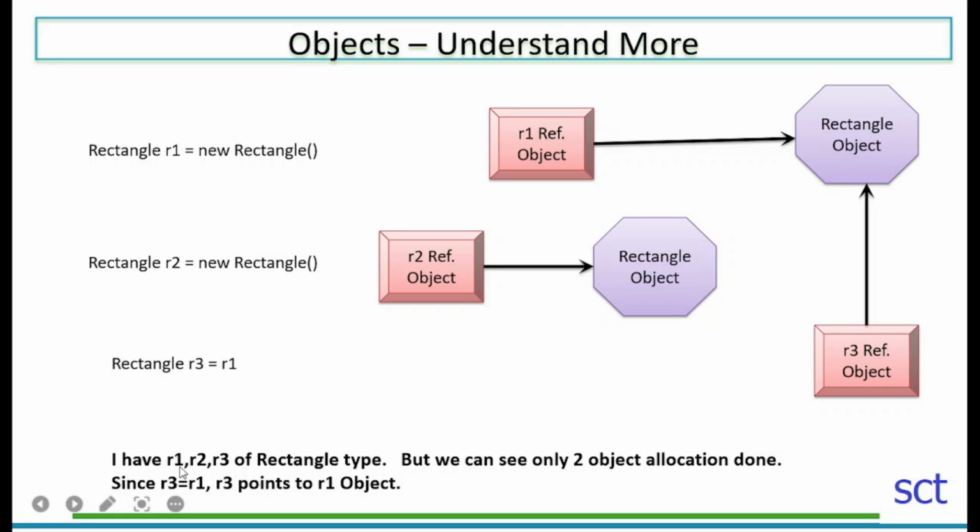So I have R1, R2, R3 of Rectangle type, but only two rectangle objects are seen here. Since R3 = R1, R3 points to the same object as R1. This is the basic understanding of the object reference variable and the actual object.